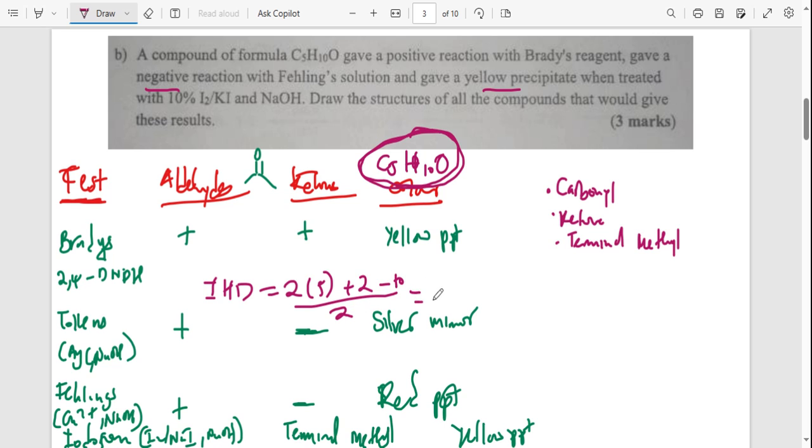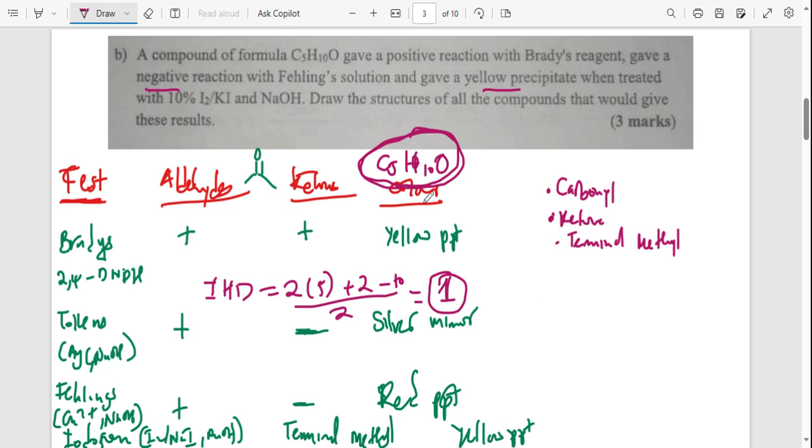This gives us an IHD of 1. Meaning we are only going to have one double bond. It could also have meant one ring, but if we have a ring, then we will not have a double bond. Since we have a ketone, we definitely have a double bond with oxygen. So there's no possibility of having a ring for this structure.